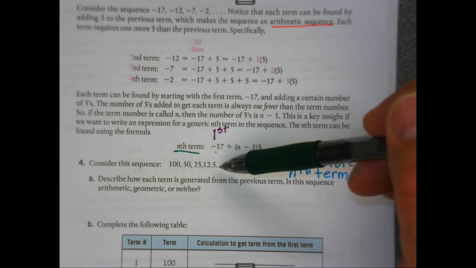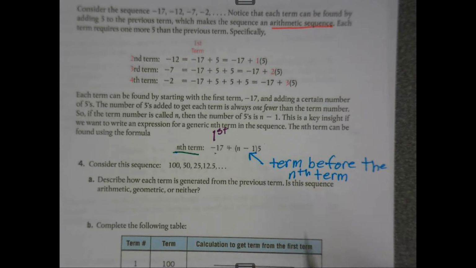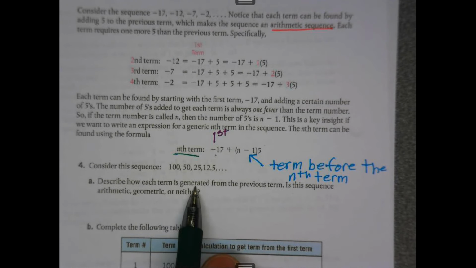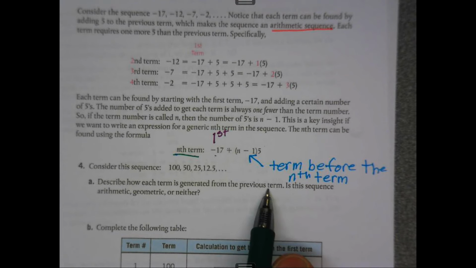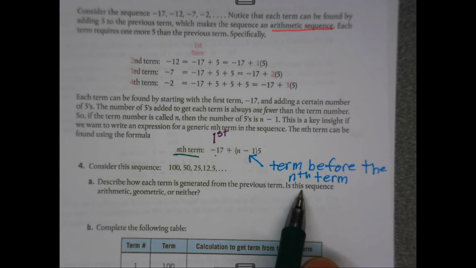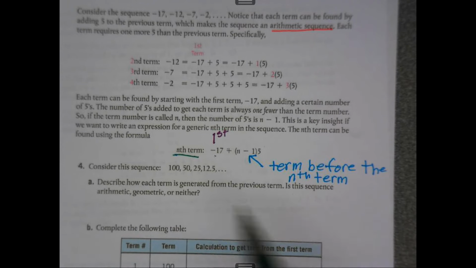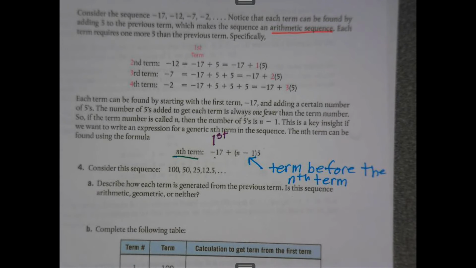Do the calculation to get the next term from the first term. Okay, so we're going to take 100 and multiply it by 1/2, and that's going to give us 50.